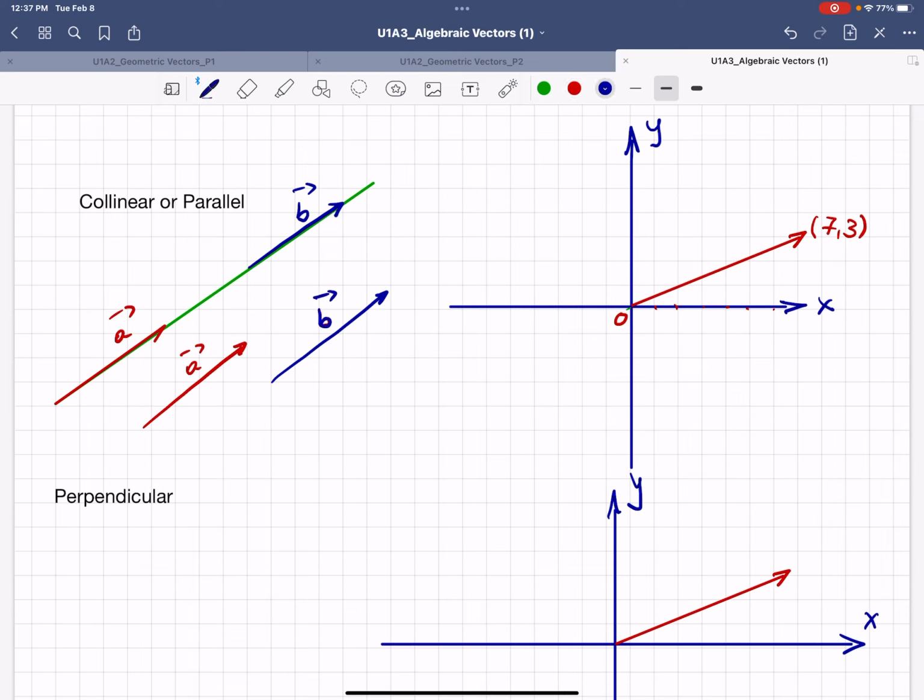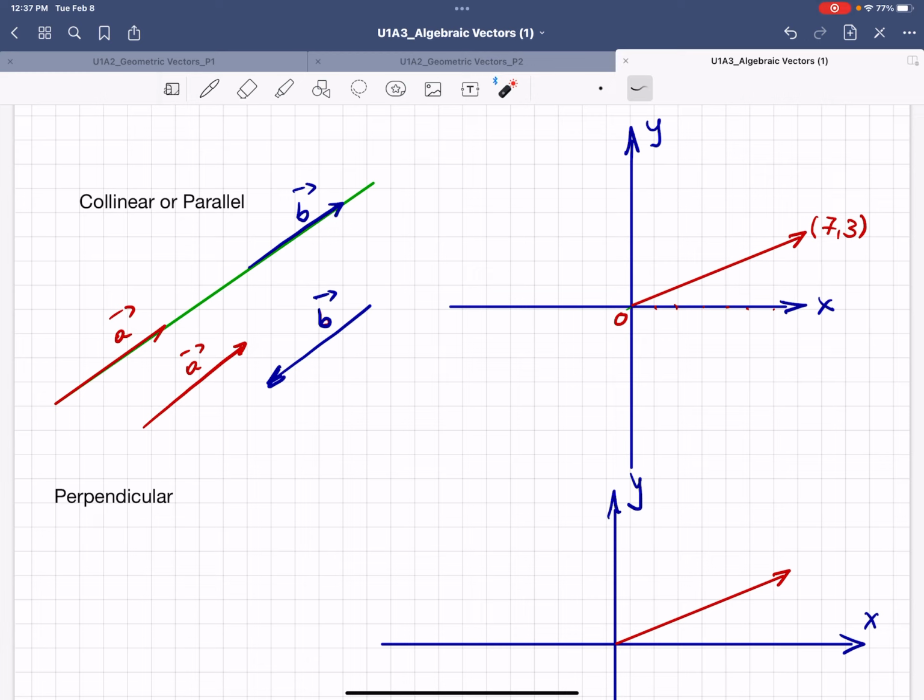Now, direction is not involved in the fact that the vectors are collinear or parallel. For example, vectors A and B, in this case, even though heading in opposite directions, they're still considered to be parallel to each other. And similar to this, these two vectors, A and B, are considered to be collinear even if vector B is pointing in the opposite direction of vector A.